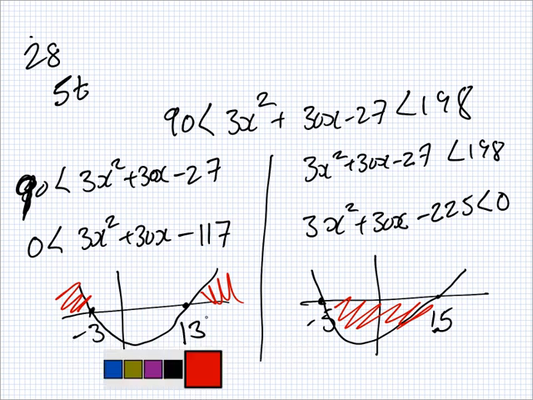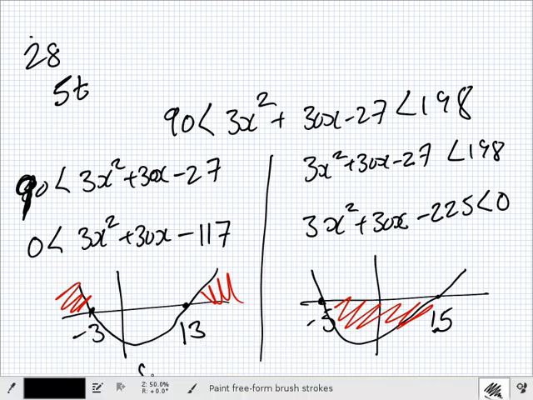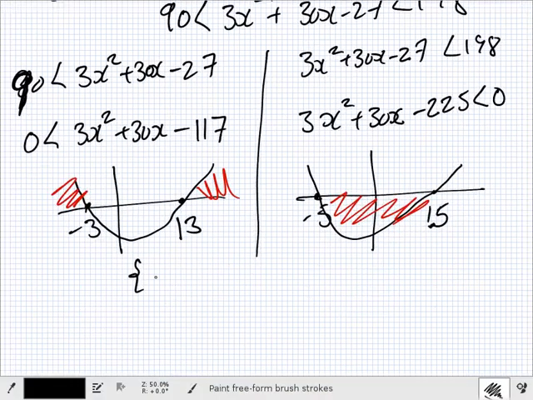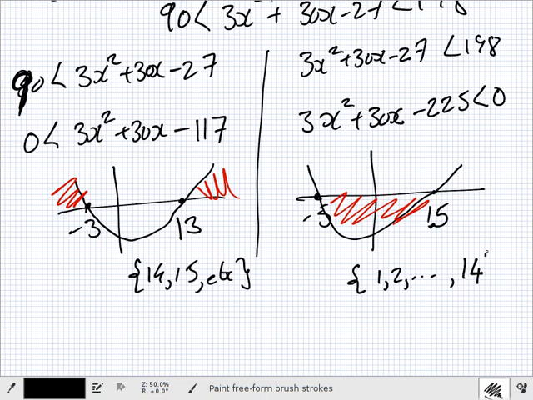So the only possible answers here are, not even 13 because it's open, so 14, 15, etc. And the only possible answers here are 1, 2, etc., up until, not even 15 because it's open.